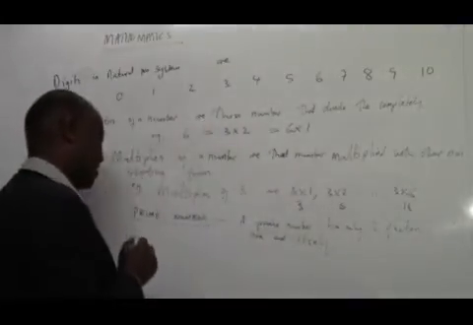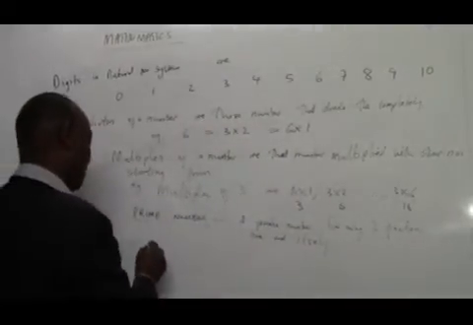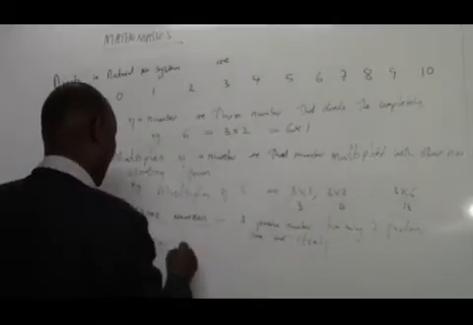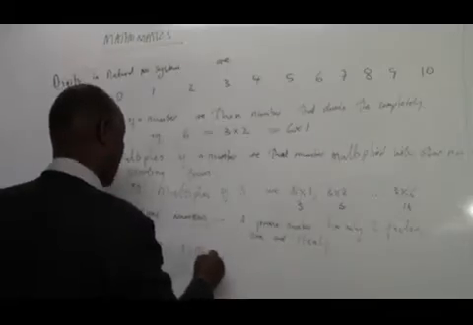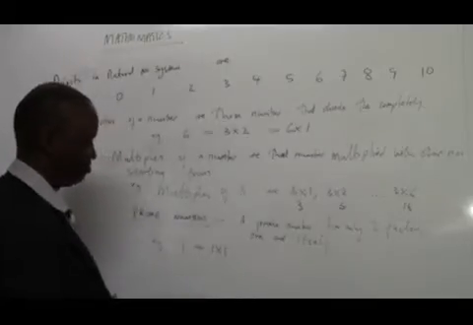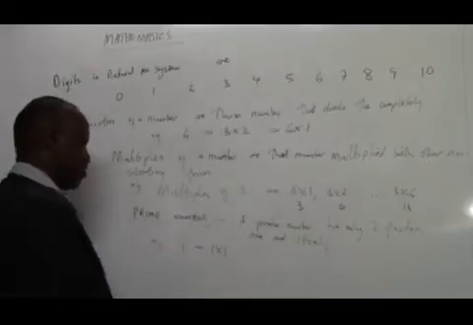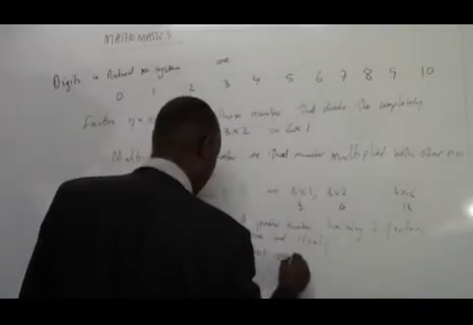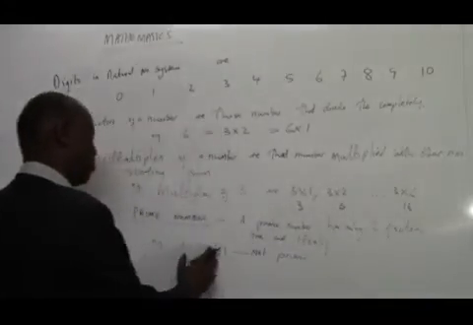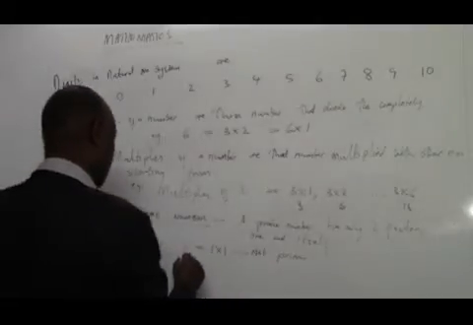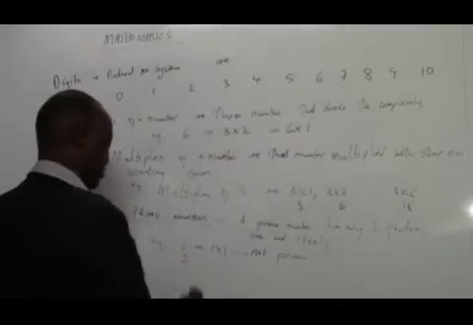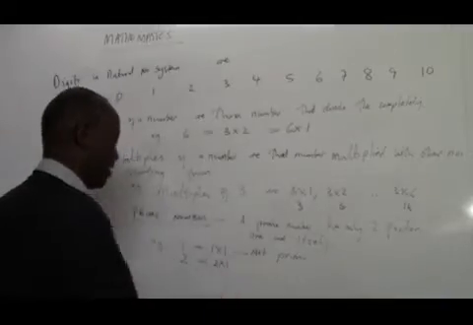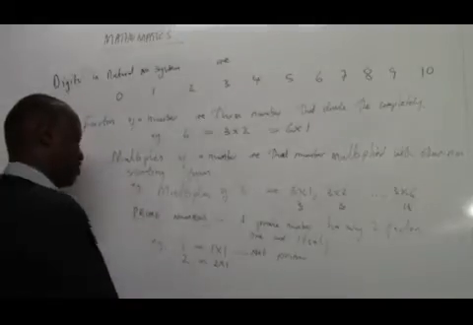So let's take examples. For example, 1. 1 can be equal to 1 times 1. So we cannot get 1 in any other way. Therefore, 1 is not prime, because you can only have one factor. You can only multiply 1 times 1. Let's take 2. 2 can be 2 times 1 only. So it has only 2 factors.